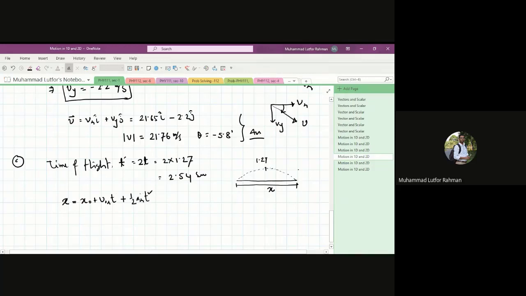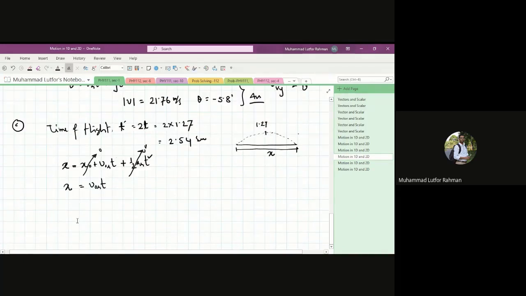I'm writing the general equation. Since along the horizontal direction it has no acceleration, this would be 0. If I choose this as my origin, then x naught is also going to be 0. Then x would be v naught x into t, which is the s equals vt formula, right? This t is the time of flight, so I should use t prime.